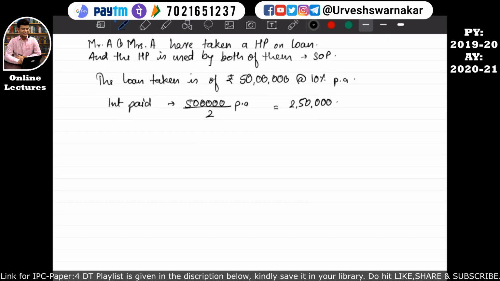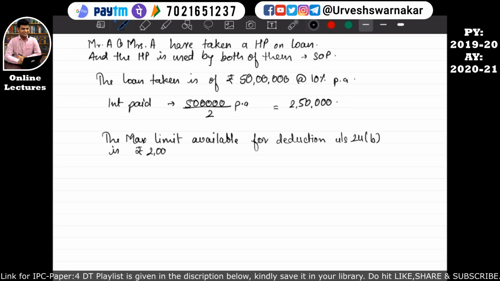But the maximum limit available for deduction under section 24 subsection B is rupees 2 lakh per annum if the house property is self-occupied house property. I hope this is quite clear.